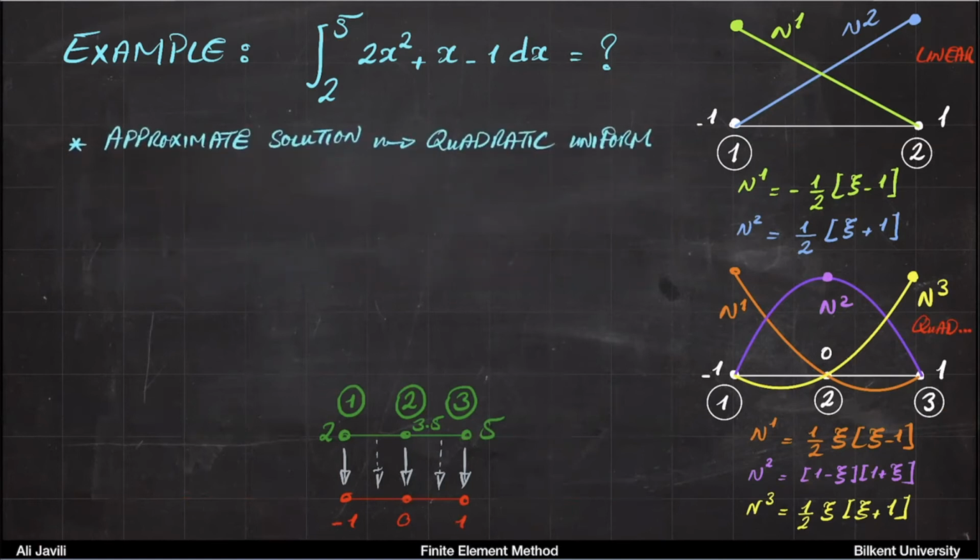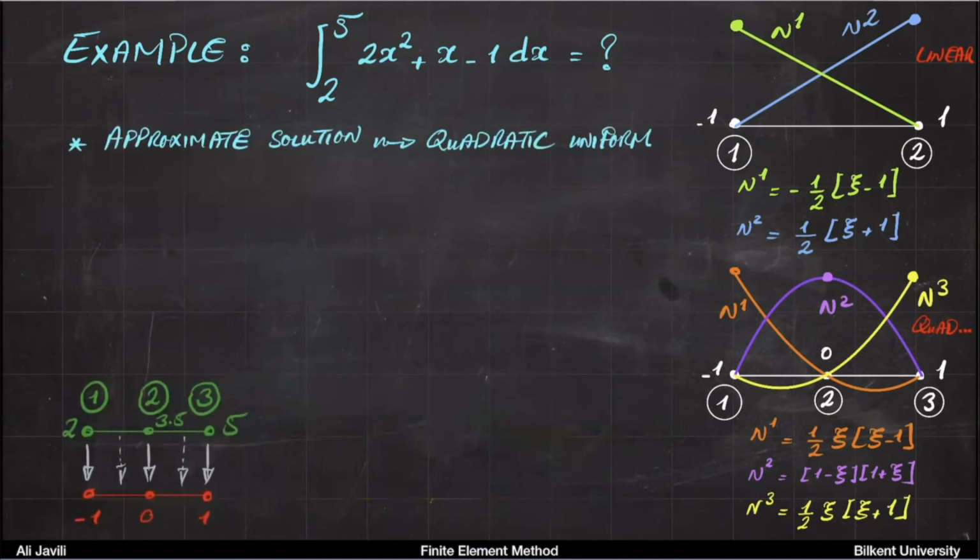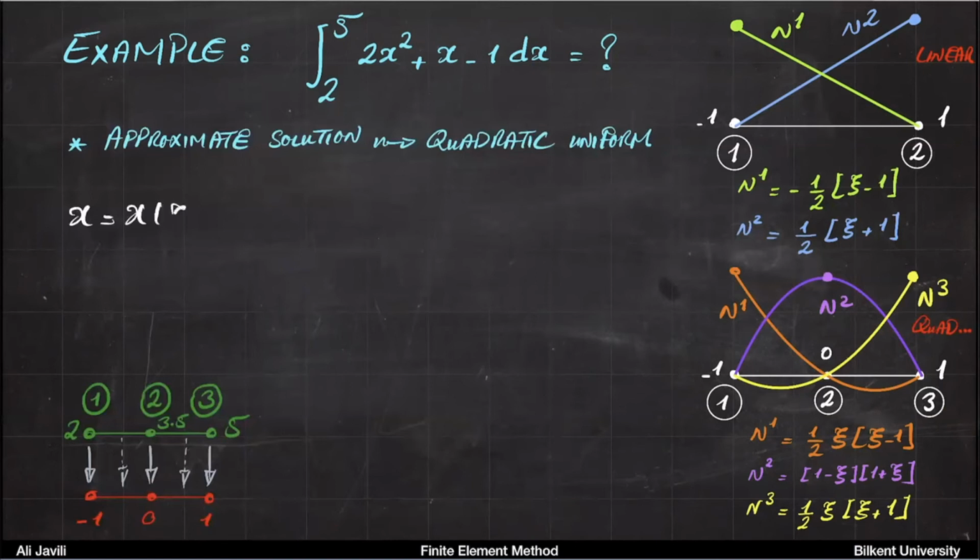So we are going to do this. This is the mapping that we are talking about. As before, we just transform the coordinate x to c by using the summation, but now we have 3 points. So this would be n1 x1 plus n2 x2 plus n3 x3.